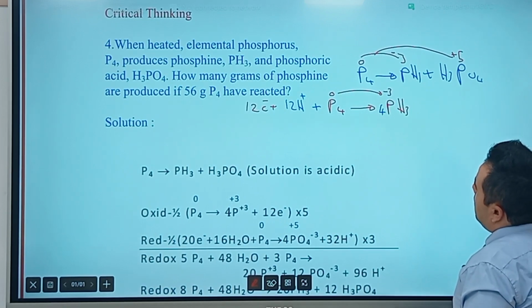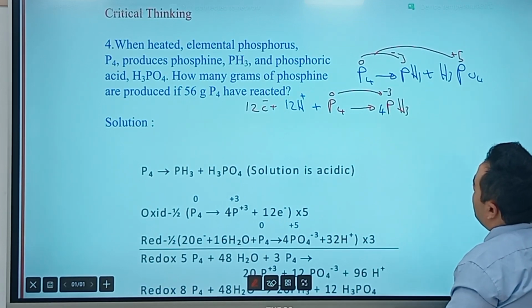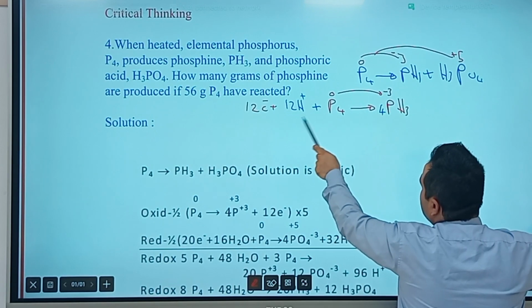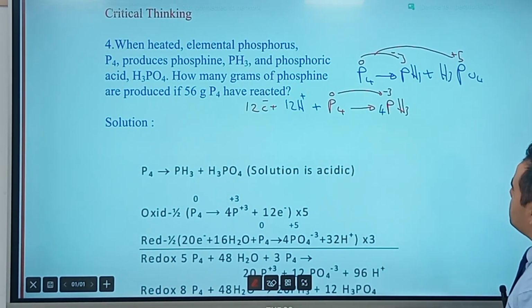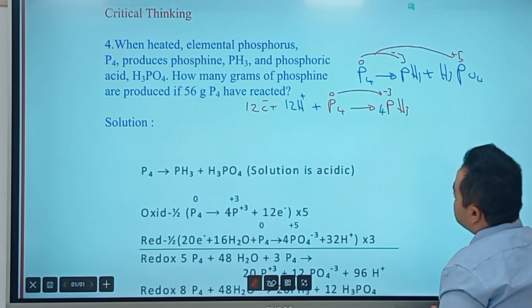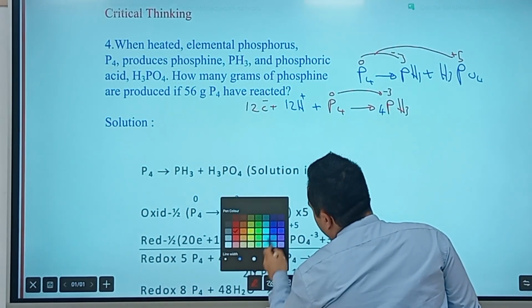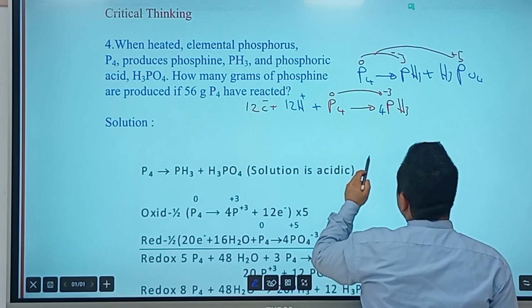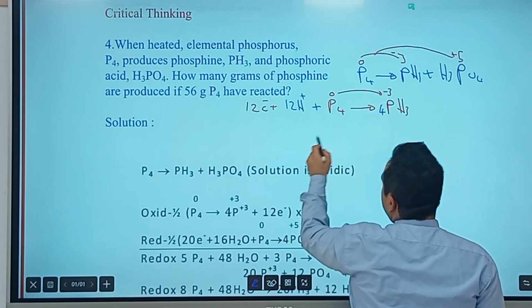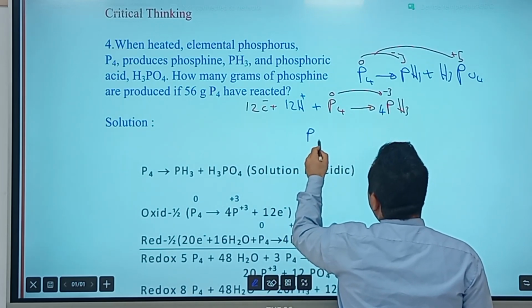In terms of balancing, we have balanced the atoms and charges. In order to balance the charges, we have added the electrons. We balanced the electrons in this system. Let us balance the second reaction, which is the oxidation.